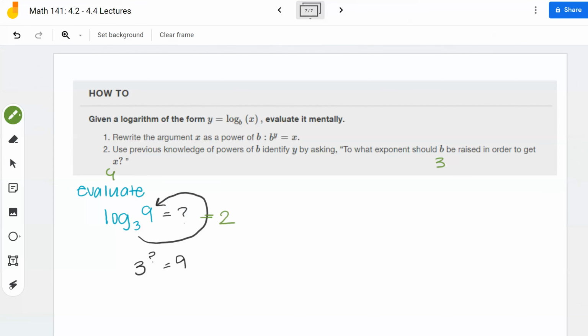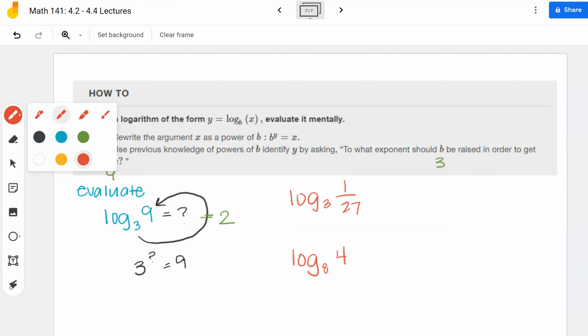We saw even those more challenging questions in the Kahoot. We could have something like evaluate log base 3 of 1 over 27, or evaluate log base 8 of 4. Ooh, I like this one. That's cute. Both of these are much more challenging because even if I rewrite them, it's not as obvious.